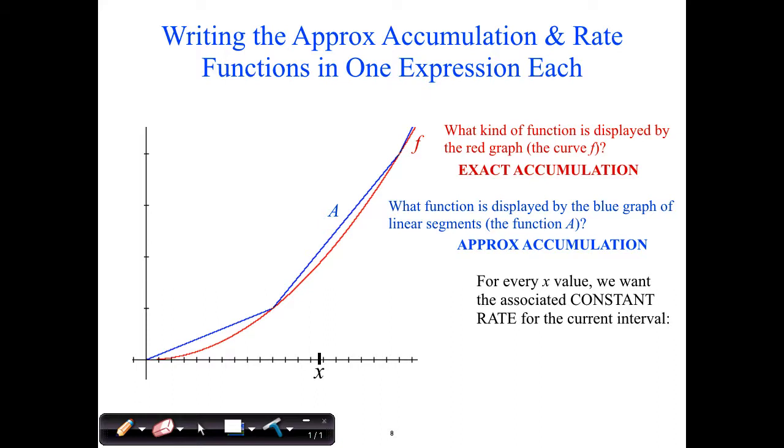Is this the 17th interval? Is it the second interval? That's not important in this case because I actually don't need to know all the completed intervals and the current y value. All I need to do is calculate the rate. So it doesn't matter what interval x is in. All I need to know is how do I describe what the rate is for the interval that it's in.